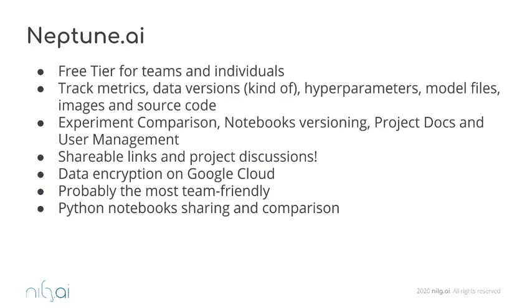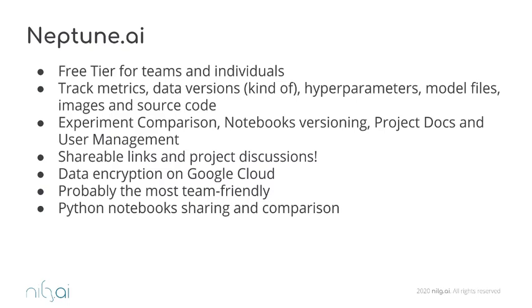In a similar way, Neptune.ai is very similar to Comet, though not as mature as Comet. But the biggest advantage I see in Neptune.ai, and the one I personally have been using for the past year or so, is that Neptune is extremely well designed for team collaboration.